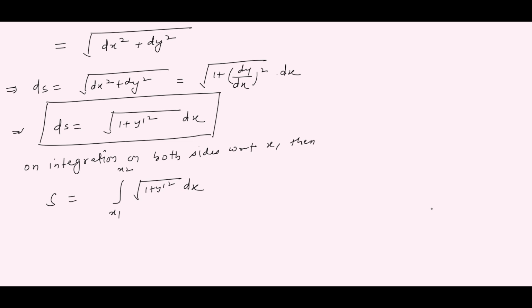So from here this is our type of functional. Our functional f of x comma y dash will be equal to the square root of 1 plus y dash square, with boundary condition.